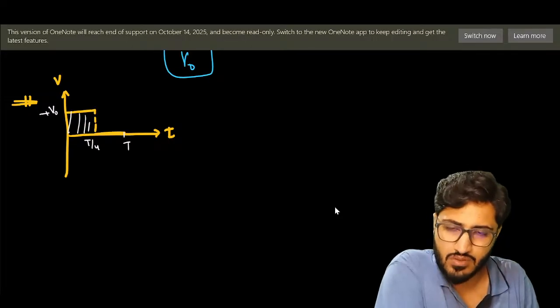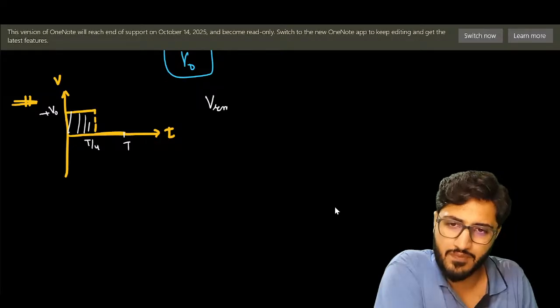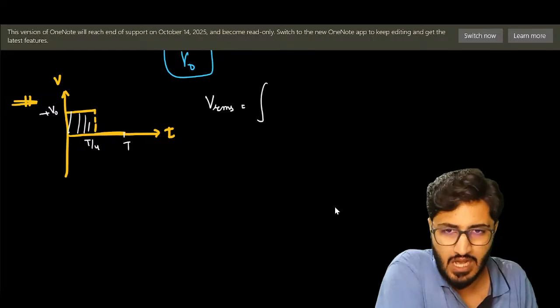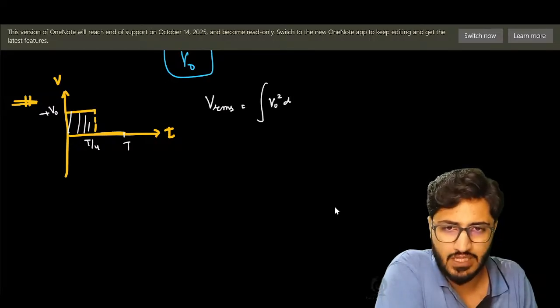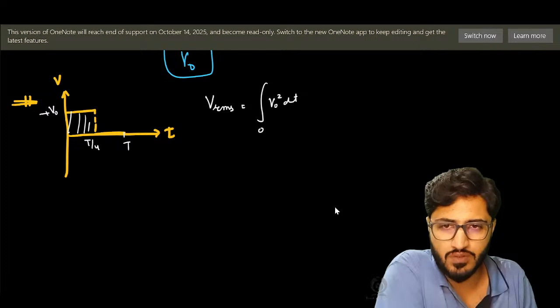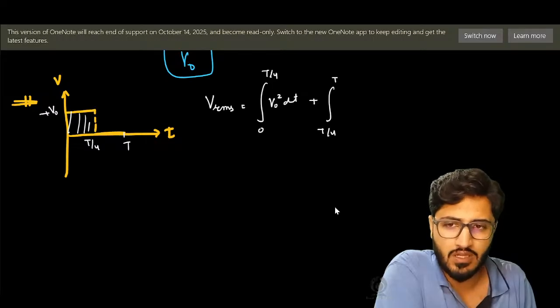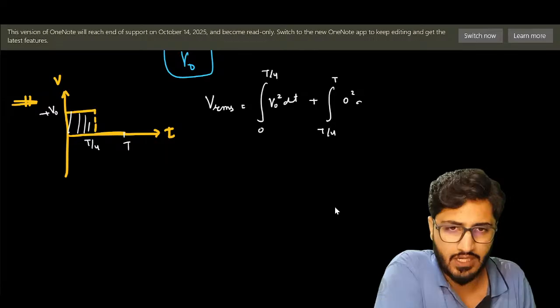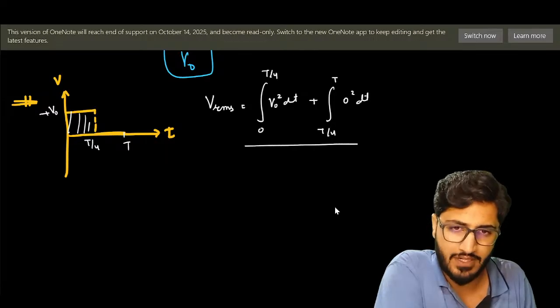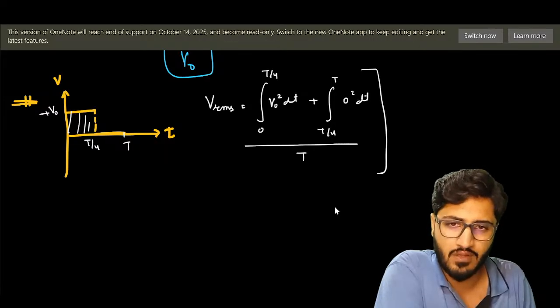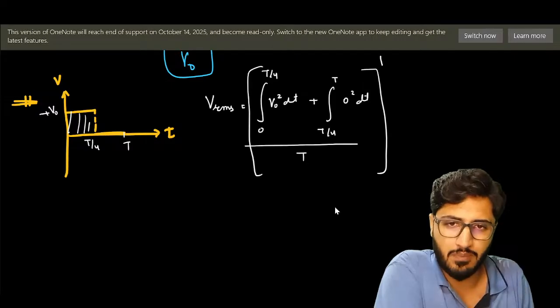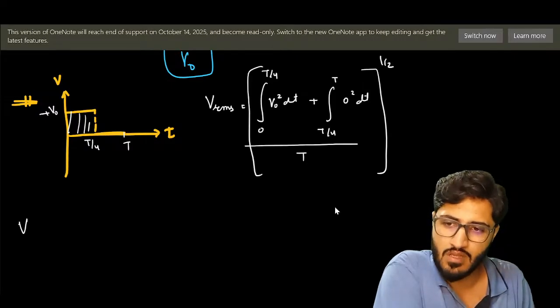So what is VRMS? Integrate from the first term, I will write V naught square dt from 0 to t by 4, then plus integrate from t by 4 to t, where we have 0 only, 0 square dt, whole divided by t, then 1 by 2 power.